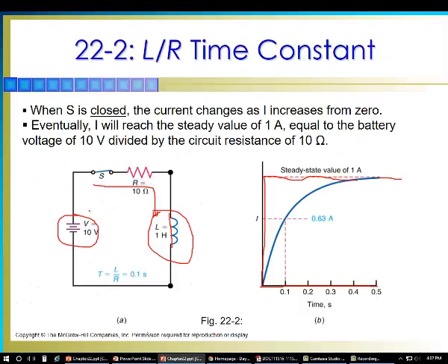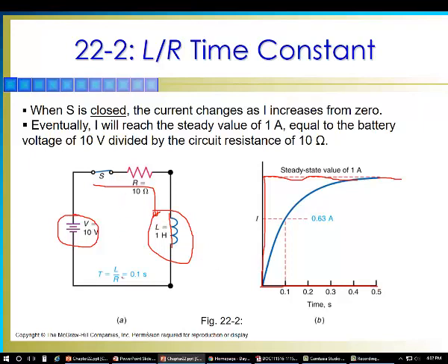All right. So when it comes to LR circuits, or circuits that have inductors and resistance, the time constant is calculated by dividing the inductance by the resistance.